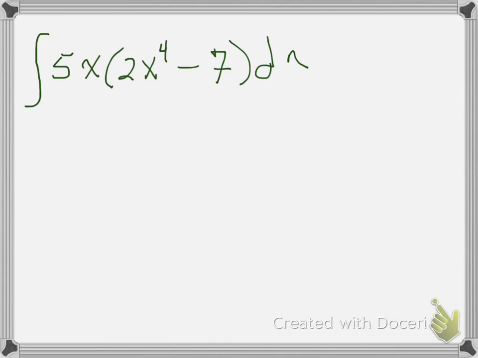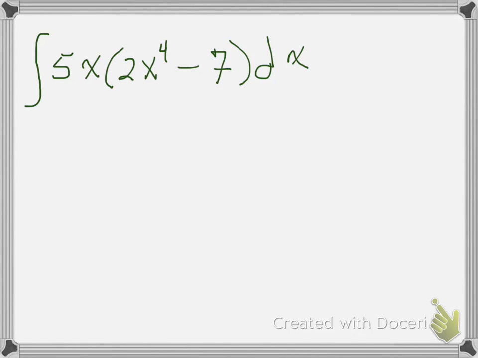Alright, now, if I came across something that looked like this, alright, I can see many people going, oh my gosh, what am I going to do with this? What am I going to let u equal? How am I going to do that?